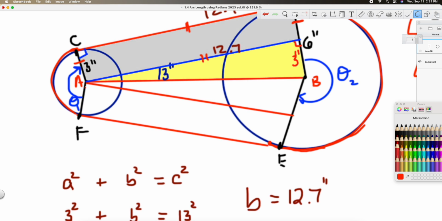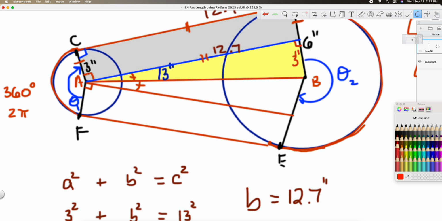Now, I know this angle is 90. I know this angle is 90. These two angles are congruent. A complete circle is 360, but we're thinking in terms of radians, so one complete circle is 2 pi.